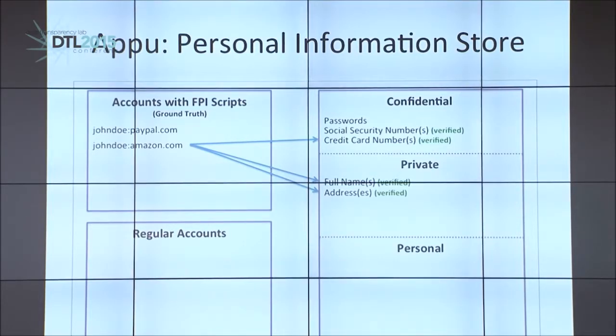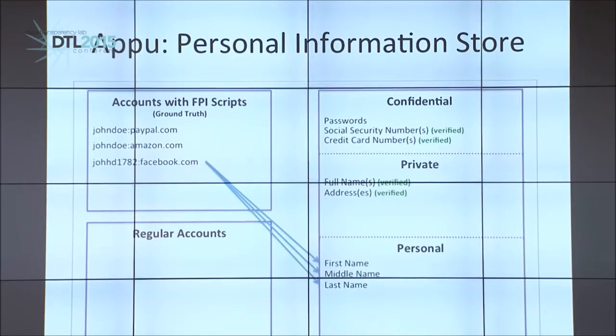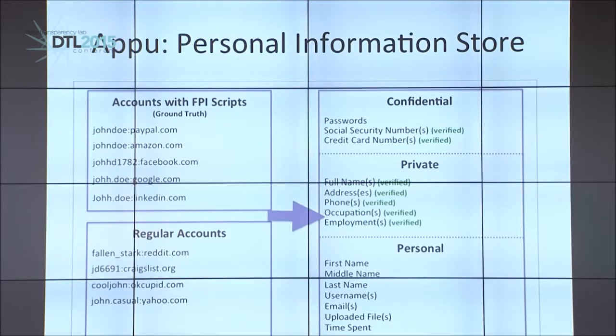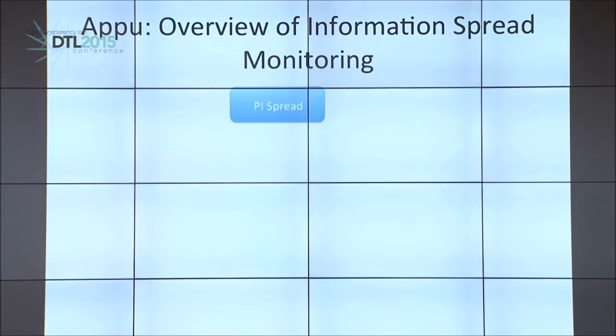And verified is set to true if we can rely on some third party to vouch that this is actually the user's real name. So over time, this personal information store can get populated with all different kinds of information, such as time spent, addresses, or even uploaded files.